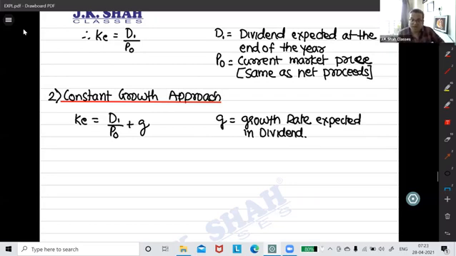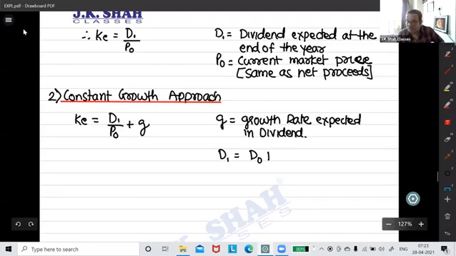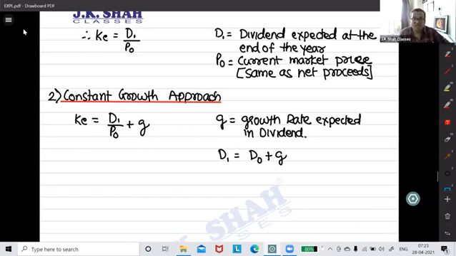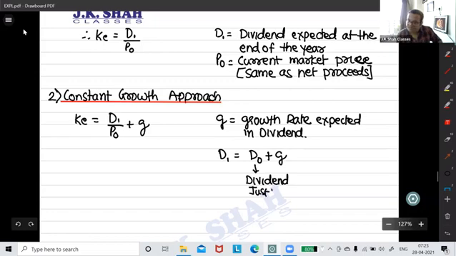Now, because we have a growth rate, D1 would be D0 plus growth, right? What is D1? Dividend expected at the end of the year. So what is D0? It will be the dividend just paid, correct? To that you have to add a growth.